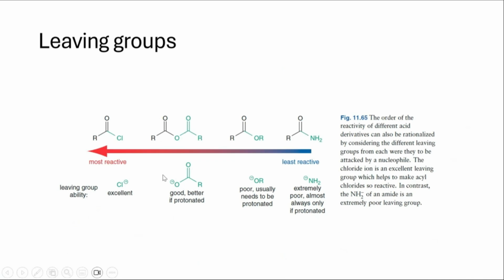So right here we have these different acid derivatives, and we can actually rationalize the reactivity of these acid derivatives using just how good these leaving groups are. So, because acyl chlorides are the most reactive, the chloride ion will be the best leaving group. So, ethoxide ion is second best. We have our OR minus group, which is somewhat poor, and NH2 minus, which is the poorest.